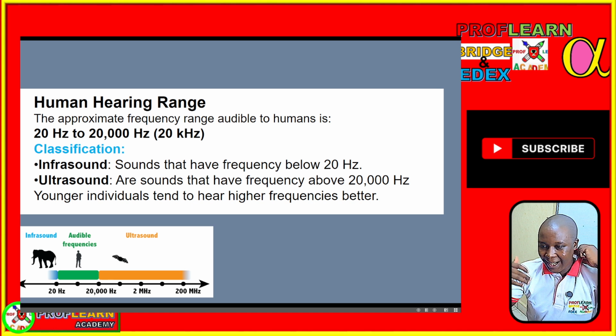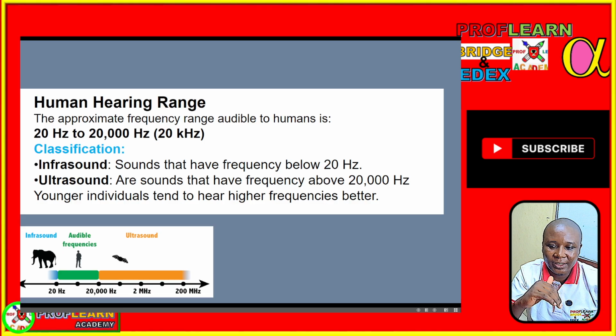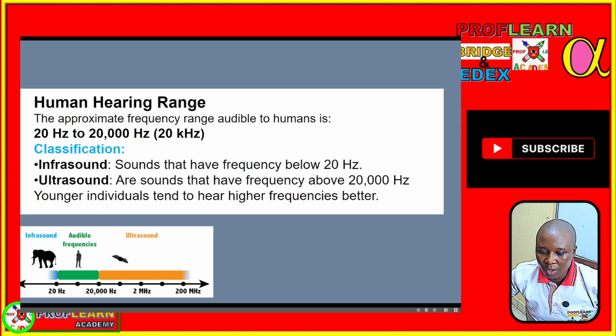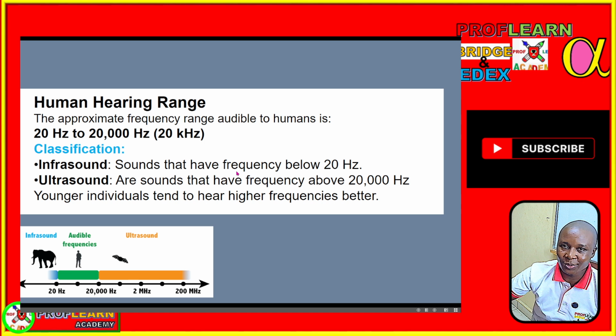So anytime you are asked to identify the human hearing range, you need to understand it is between 20 Hertz and 20,000 Hertz. A sound that has a frequency less than 20 Hertz is called infrasound, or infrasonic sound. Infrasounds are sounds that have a frequency below 20 Hertz. So as a human being, you cannot hear infrasounds because they are below 20 Hertz.